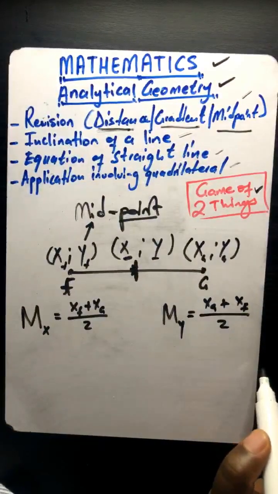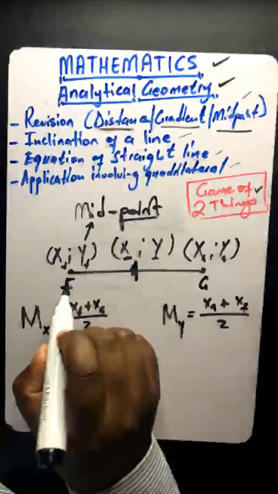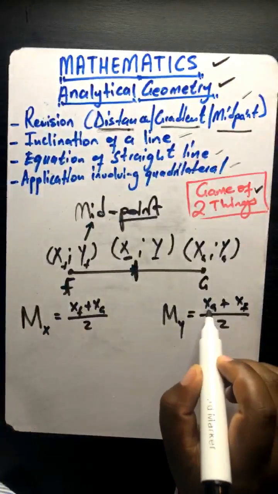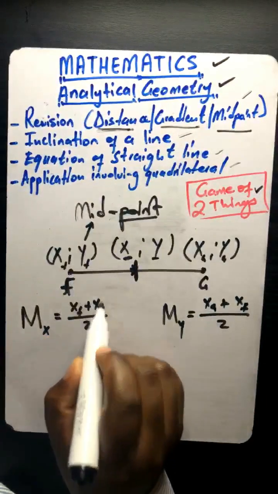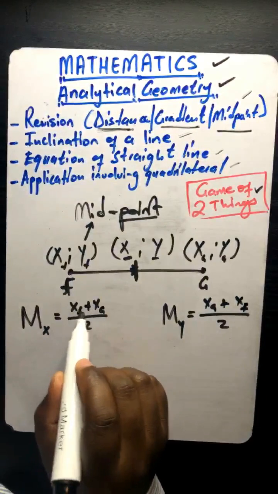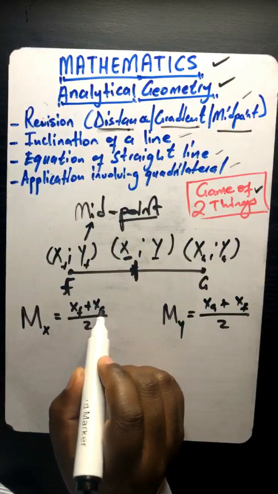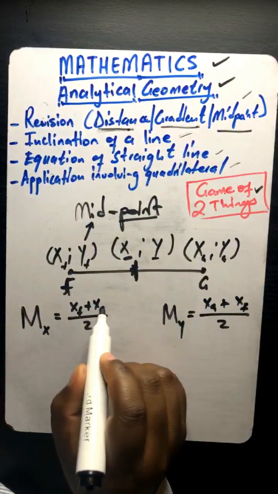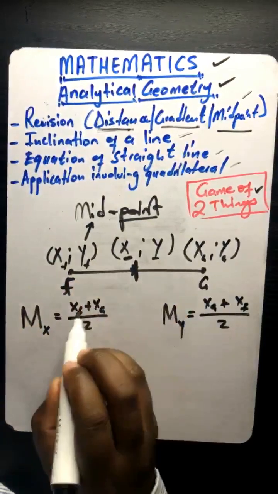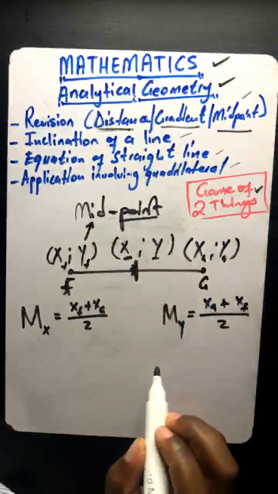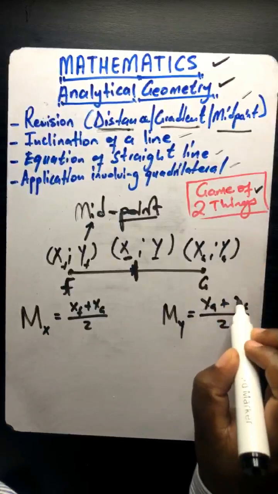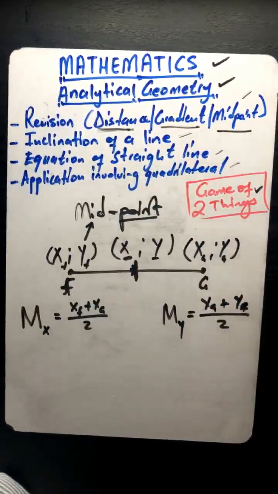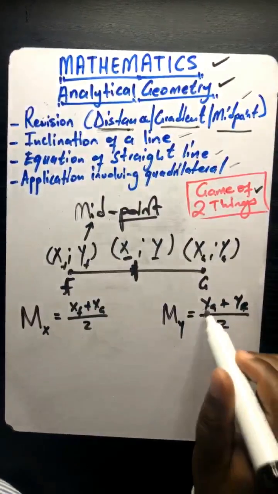It doesn't matter whether you say y of G plus y of F, or do it vice versa and say y of F plus y of G. I did it differently here so that I remember to explain to you that it doesn't really matter which one you start with first.